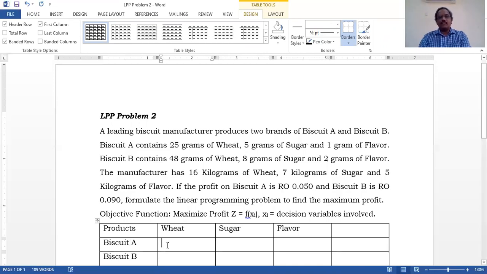The requirements are given. For biscuit A, we need 25 grams of wheat, 5 grams of sugar, and 1 gram of flavor. And for biscuit B, we require 48 grams of wheat, 8 grams of sugar, and 2 grams of flavor.